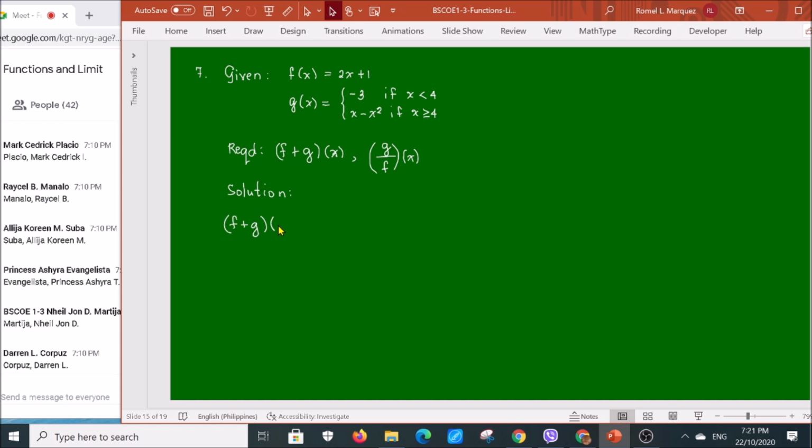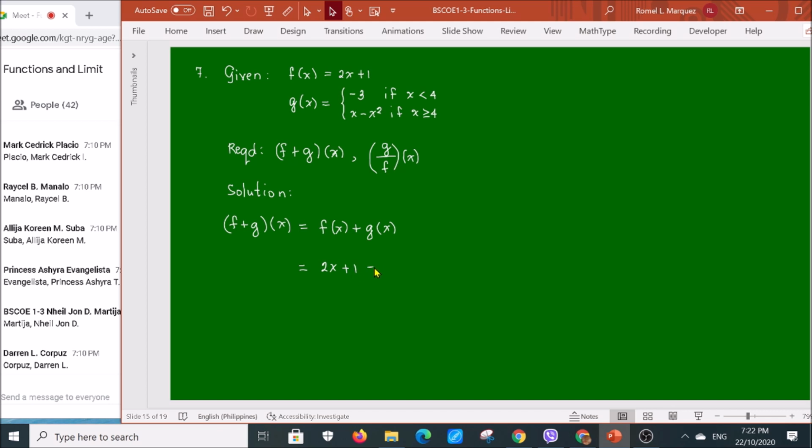So, again, how do we define f plus g? F plus g, when we apply it to x, we mean f of x plus g of x. So, f of x is given by 2x plus 1.